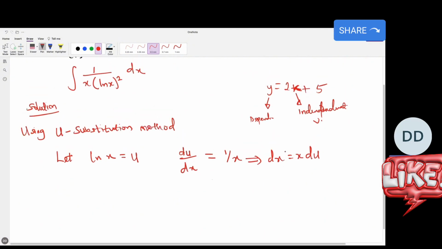Now, returning back to the problem, I can easily say that we integrate 1 over x multiplied by u squared. Do you see that? Because we used the u substitution, dx will be what? X du. And so I can divide through by x, and this gives us the integral of 1 over u squared du.